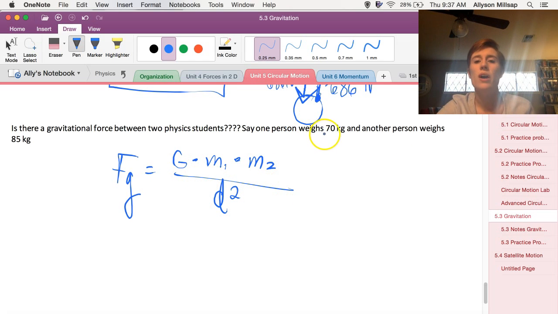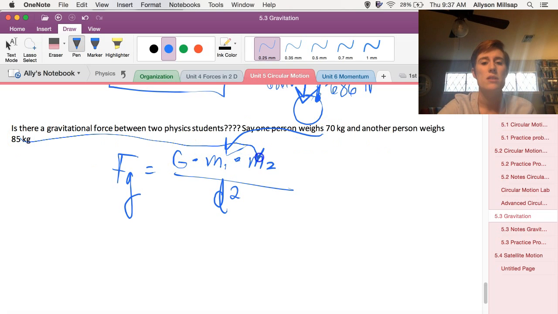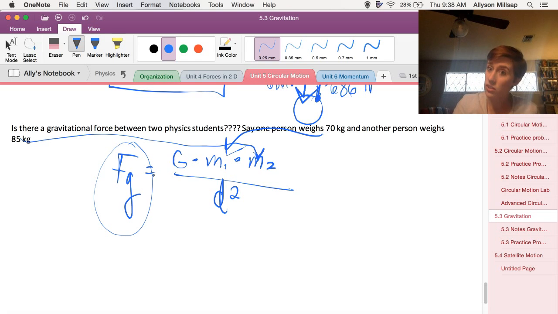So if one of you weighs 70 kilograms and one of y'all weighs 85 kilograms, we can figure out exactly what gravitational force is between you two, which means you, without touching them, will be exerting a force pulling them. And they are also exerting that same exact force pulling on you.